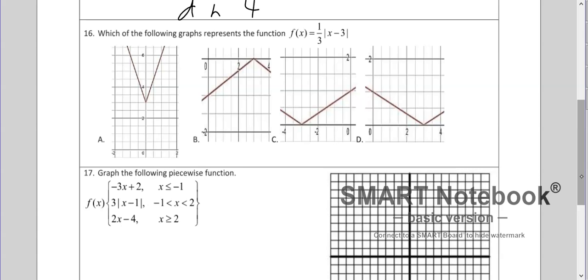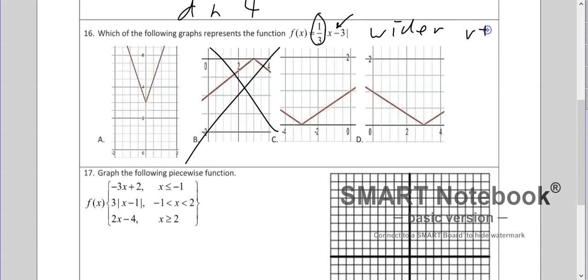So let's think about just some common sense. 1/3 is positive. That means it's going to be wider. And also it's positive, so it's not going to be upside down. So let's rule that one out right away. Also, the negative 3 on the inside lies, means right 3.